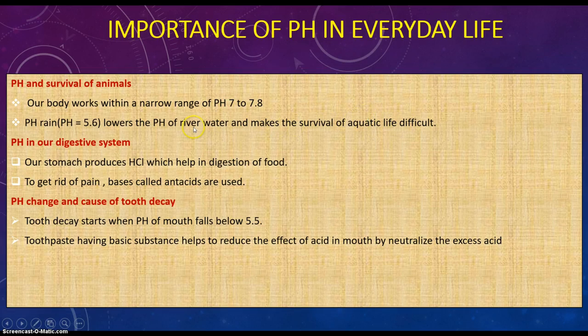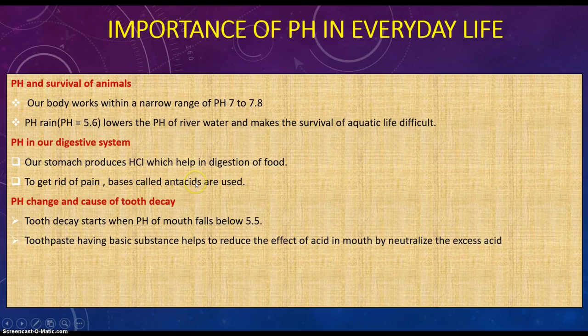Moreover, our stomach always produces HCl, hydrochloric acid, that helps us in digestion of food. Whenever we suffer from acidity, we take medicine, right? Those medicines are called antacids. Those antacids are nothing but basic substances.